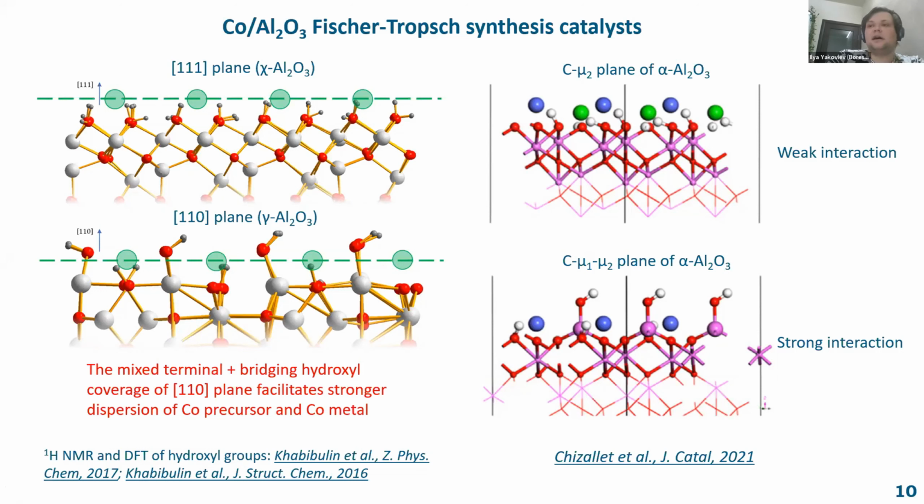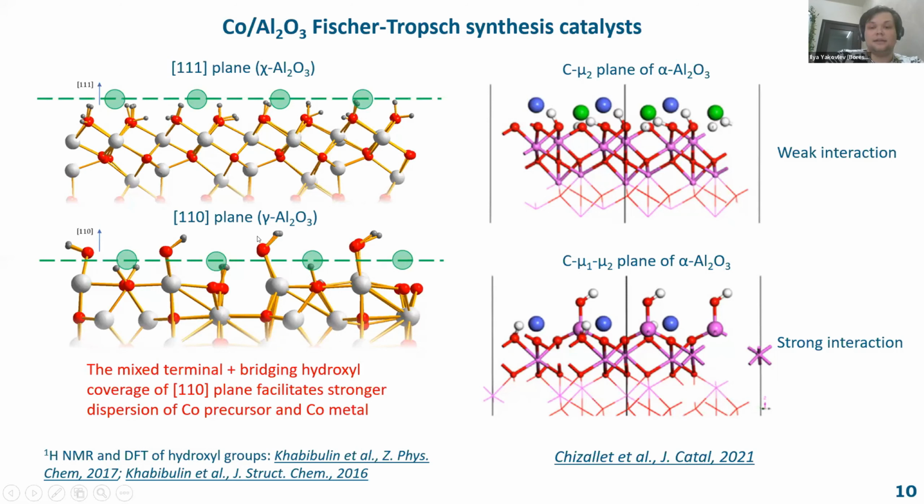Metastable alumina phases are very frequently used supports for heterogeneous catalysts, and we have chosen two very different metastable phases, kappa alumina and gamma alumina, which had comparable specific surfaces, but that are very different in the dominating plane on the surface, because for kappa alumina, the most prominent plane is 111, and for gamma alumina, it's the 110 plane.